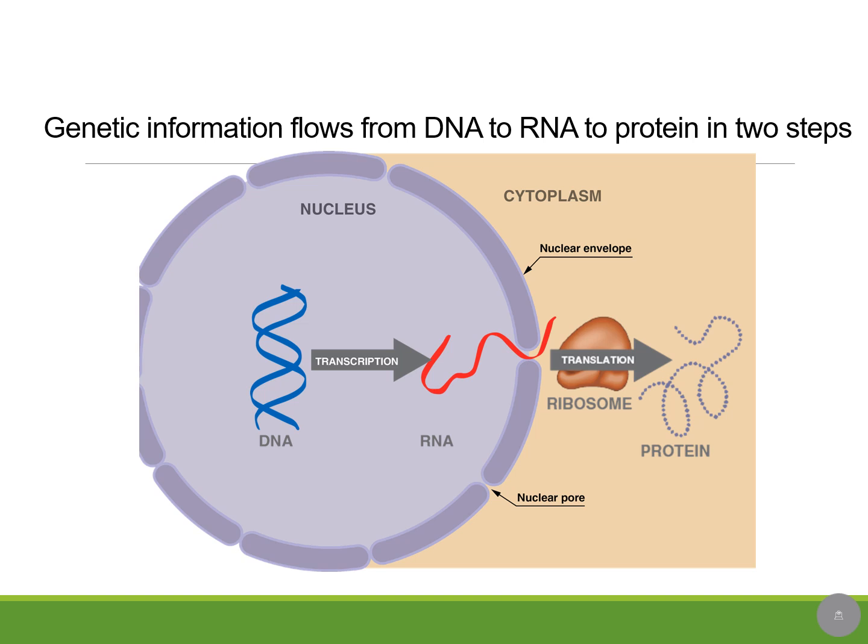Then that RNA molecule needs to be able to leave the nucleus, and it does so through the structure of the nuclear pore. And from there, it will then go out into the cytoplasm of the cell, where it will then find its way to a ribosome. Now remember, ribosomes can either be attached to the endoplasmic reticulum, or they can be free-floating. And at the ribosome is where that RNA molecule will then be translated into a protein.